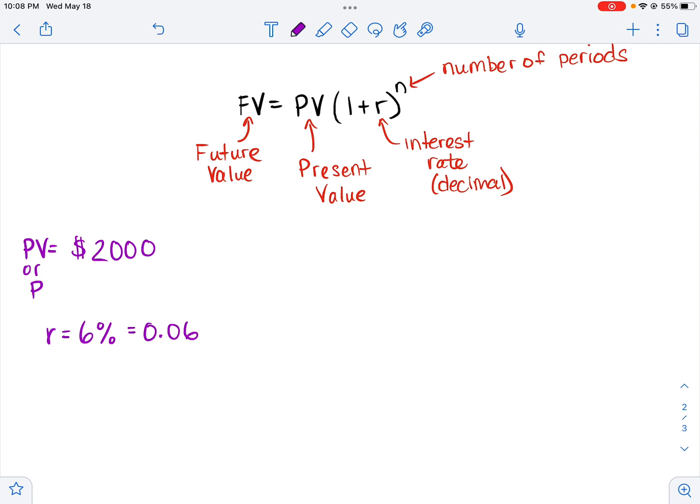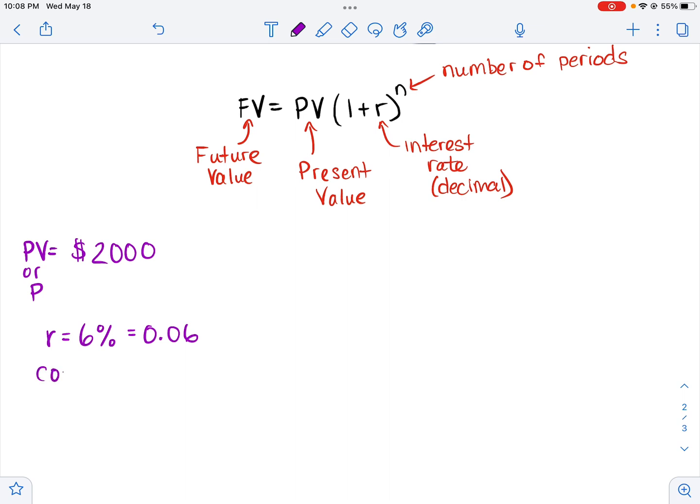And let's say it's compounding once per year. So the compound period is once per year. Or every year. So let's say we want to figure out how much our investment will be worth after 10 years. So N would be 10 because there would be 10 compounding periods.